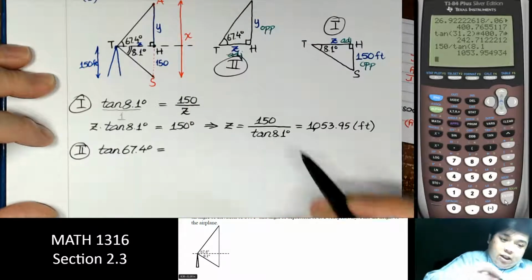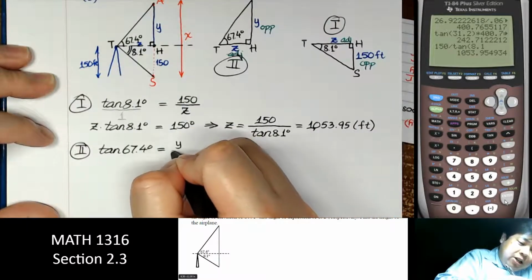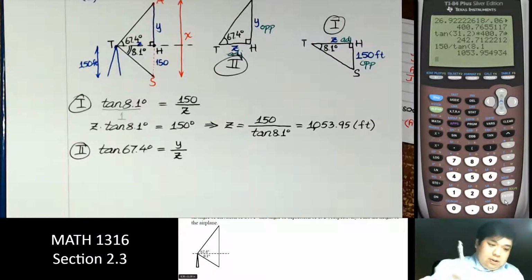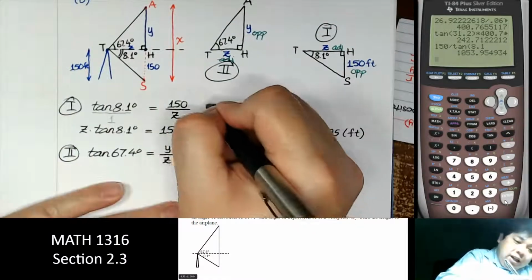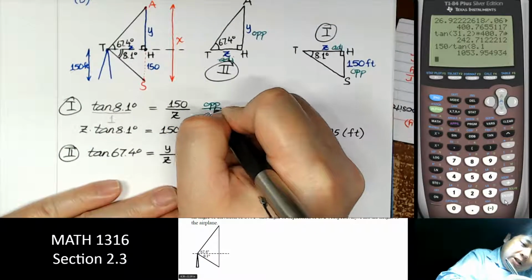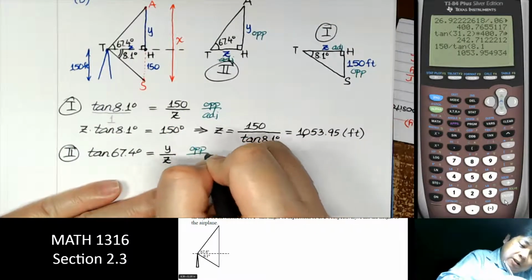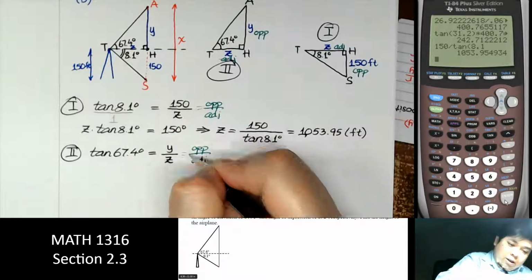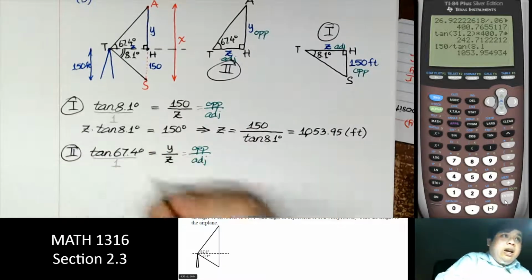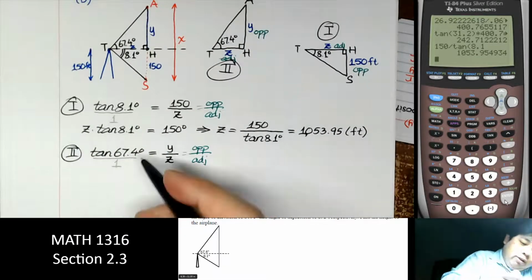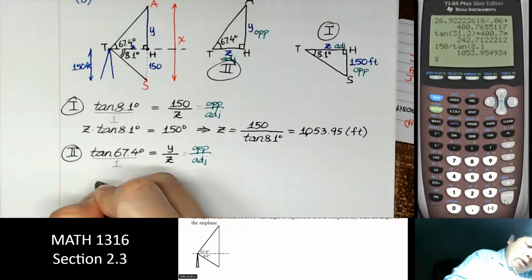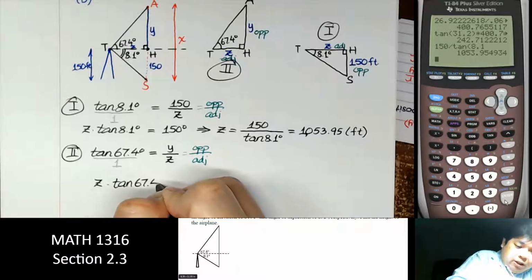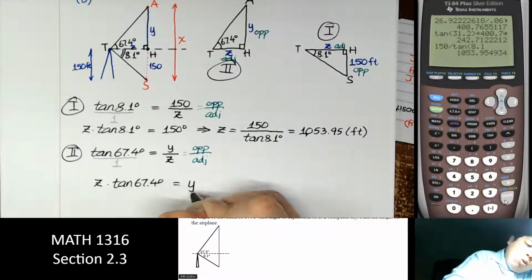So opposite is Y, adjacent is Z. So always tangent is opposite over adjacent. Write that over 1 and cross multiply. So we have Z times tangent of 67.4 degrees equal to Y times 1.